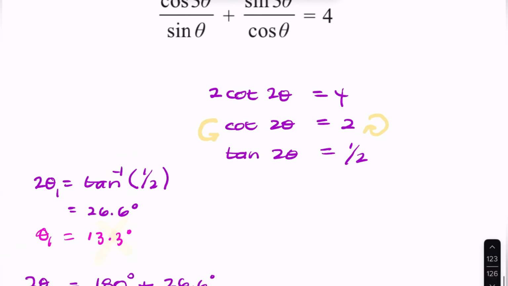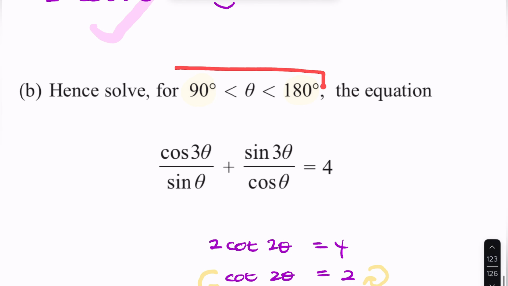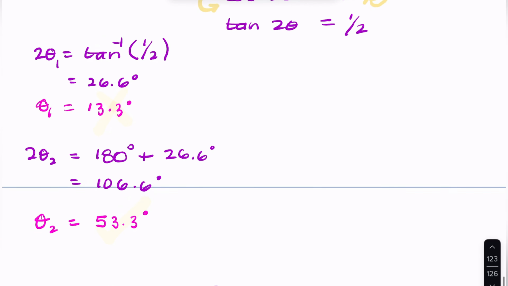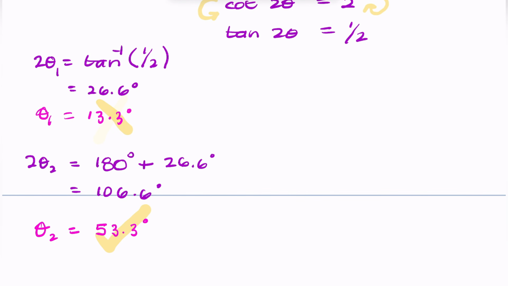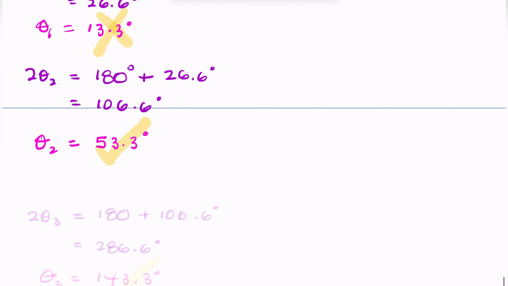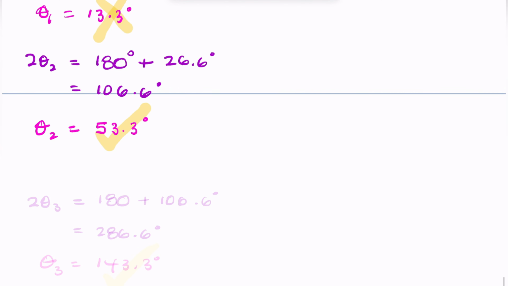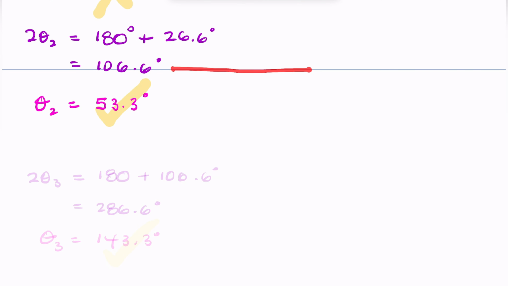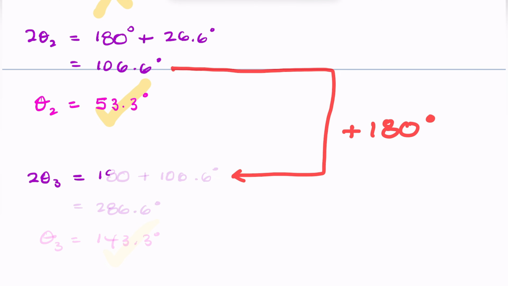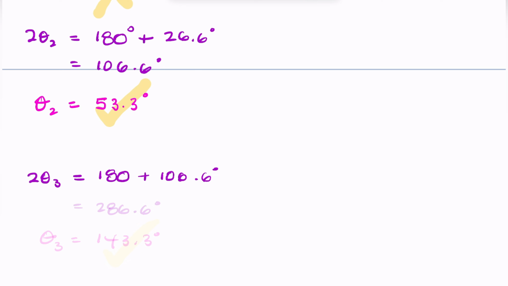Now, because the question says between 90 and 180 degrees, that means the 103.3 is acceptable, the 13.3 is unacceptable. We can still go on to find a further theta. So we can say 2 theta 3 is 180 plus the 206.6.